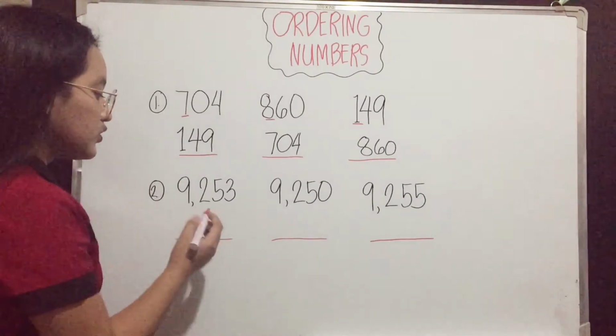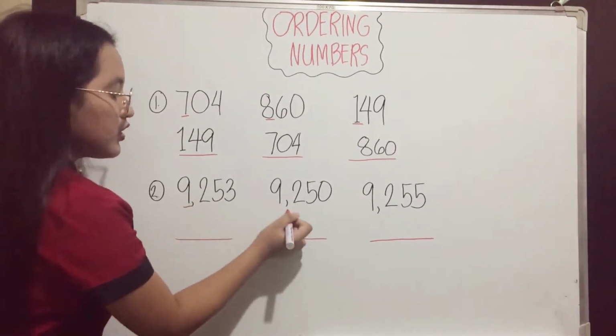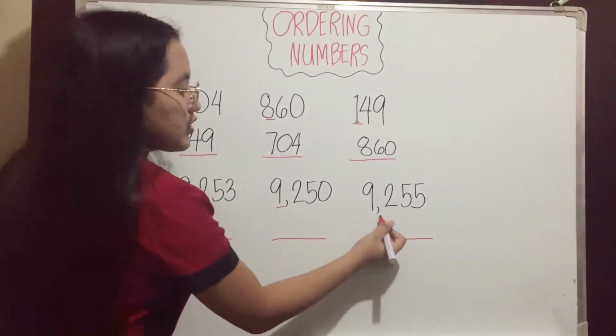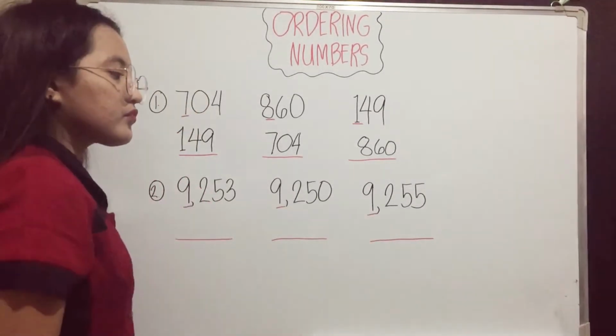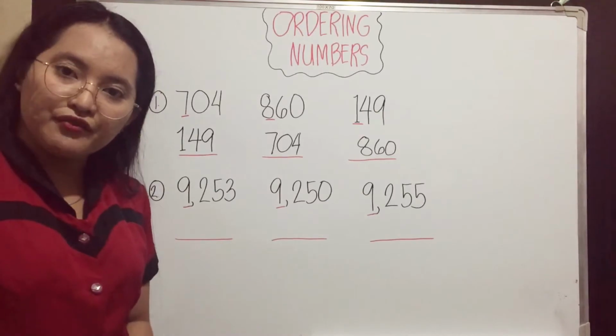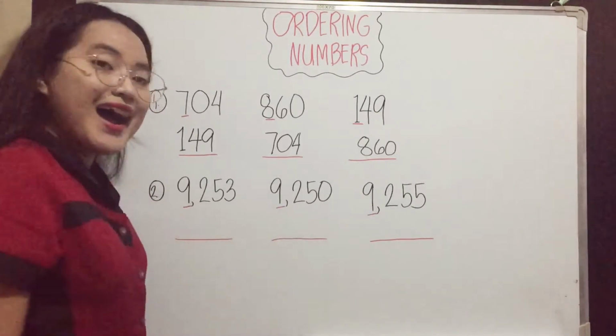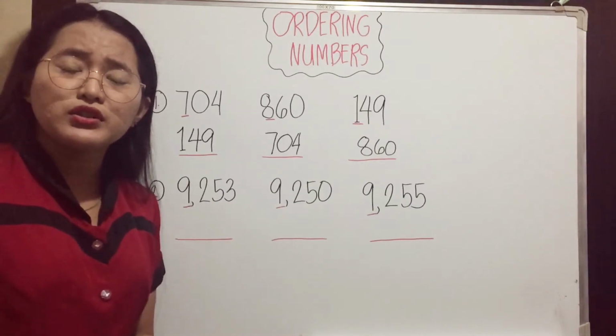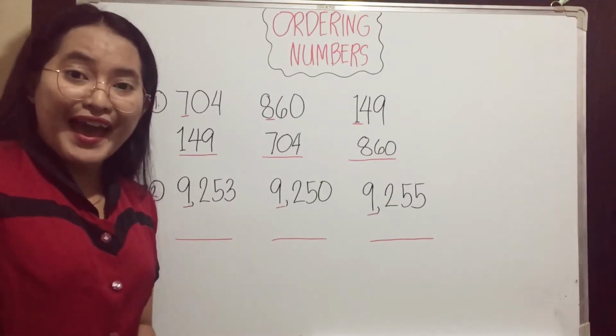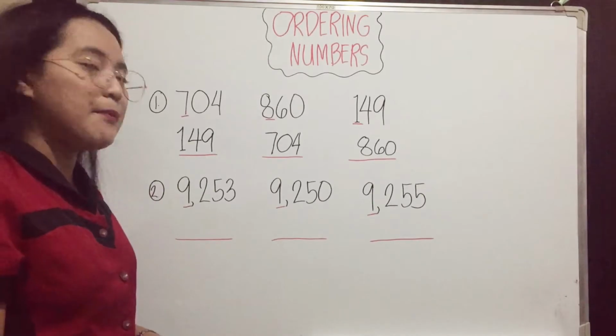Let's now proceed. Same thing. Try to look at the first number. What did you observe? Very good. The three of them have the same number. So what are we going to do? We have to proceed to the next number.